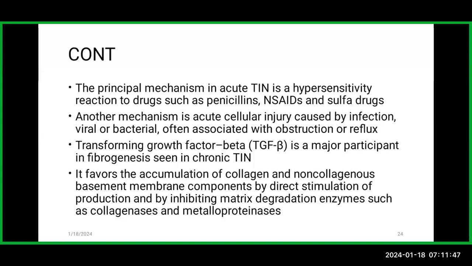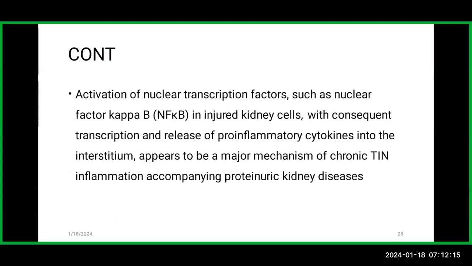Another mechanism is acute cellular injury caused by infection, which could be viral, bacterial, or obstructive reflux. Transforming growth factor beta is a major precipitant of fibrogenesis in chronic tubulointerstitial nephritis. It favors the accumulation of collagenous and non-collagenous membrane components by direct stimulation of production and by inhibiting matrix degradation enzymes such as the collagenases and metalloproteinases.